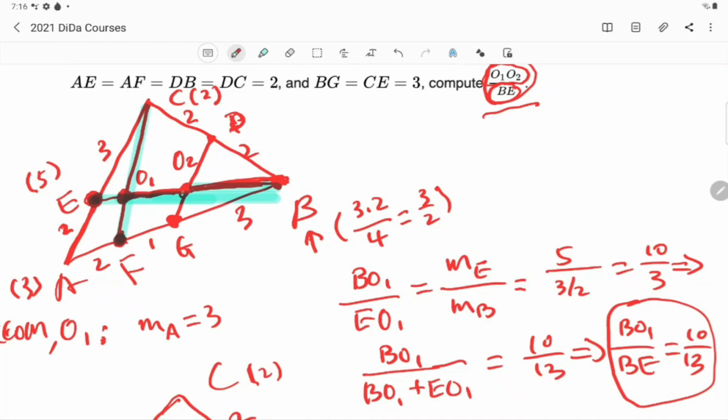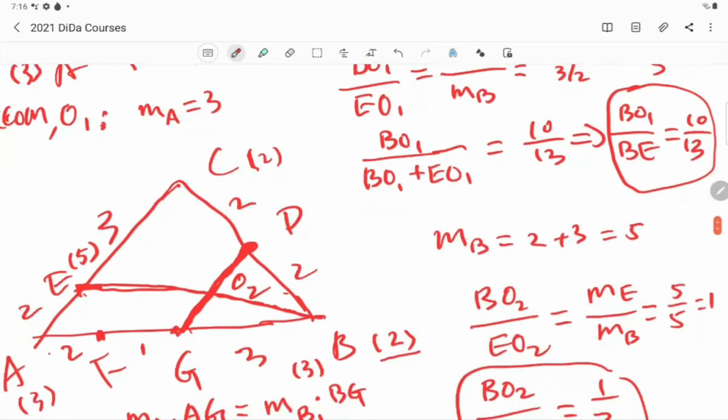Like for O2, as the center of mass, the only intermediate ones are D, G, and E, not F. So that's the most important thing to remember in dealing with a more complex system like this.